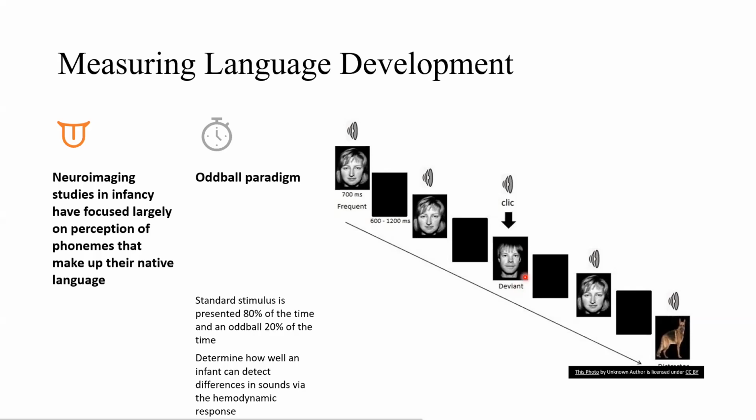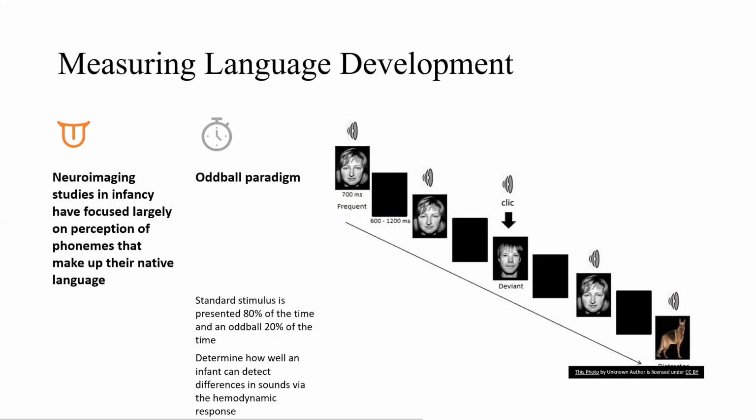Because now you're looking at a different face. Actually, it's just different hair. No, it's a completely different face. And then all of a sudden, out of nowhere, the distractor picture is something like a dog. And that's where the standard stimulus is 80% of the time, and then 20% of the time they will get this odd thing. And that tells you whether they, again, are attending to the new thing, which means that they have perceived a difference between what they were hearing before and what they are hearing now.